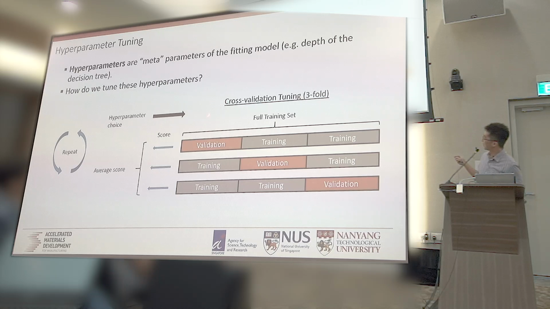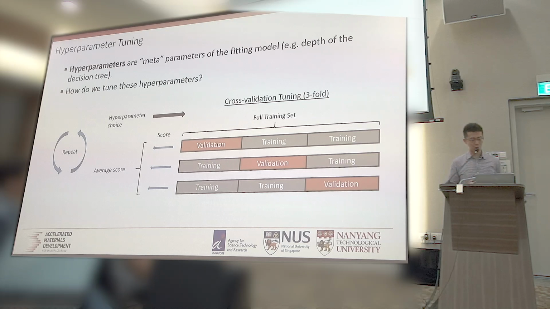Now I'm going to cycle through this choice through the entire training set, so I have 3 different choices. I average the scores. Remember, the score is how well you did on the validation set. This will give me an average score for this hyperparameter choice. Then I can go on to choose another one, either randomly or from a list of hyperparameters you decide beforehand. And then I pick the hyperparameter choice with the highest score. So this is cross-validation tuning.